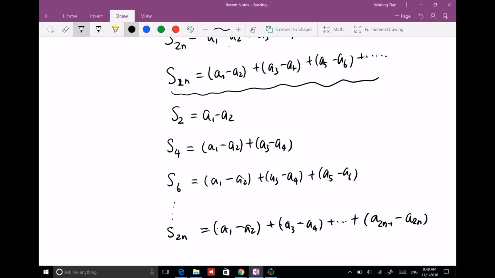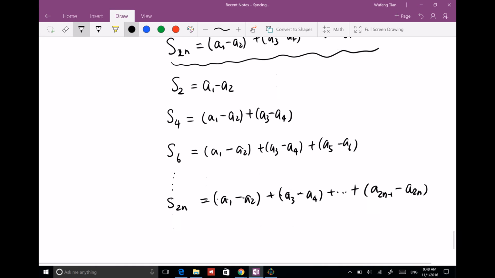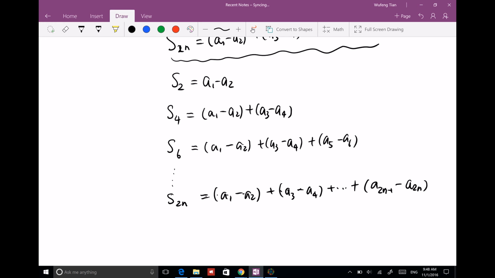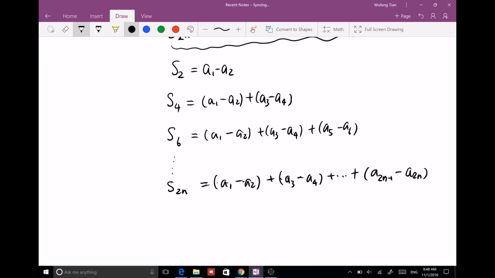Alright, so if I write this down, I can write S_2n equals a1 minus a2 plus a3 minus a4 plus a_(2n-1) minus a_2n.